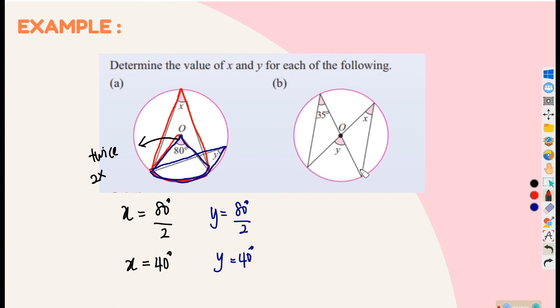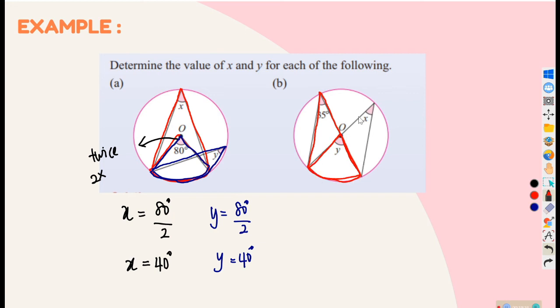So go to the circumference first, and then going down, and then goes to the arc here, and then go back to the center, goes down, and it goes to the same arc.